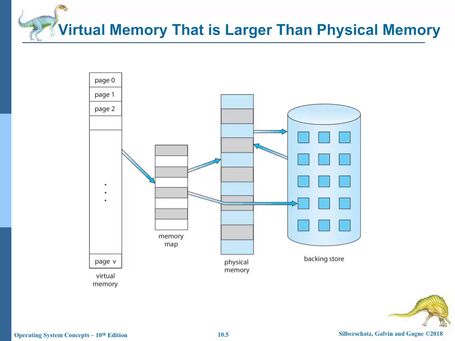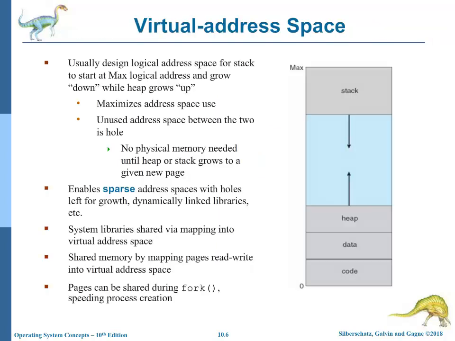This figure shows the general layout of virtual memory, which can be much larger than physical memory. The virtual address space of a process refers to the logical or virtual view of how a process is stored in memory. Typically, this view is that a process begins at a certain logical address, say address 0, and exists in contiguous memory.